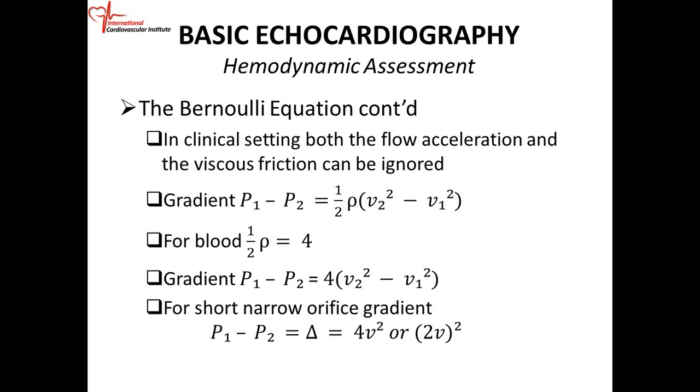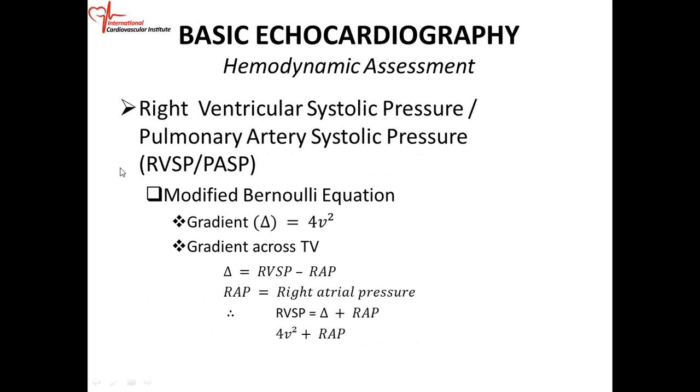Okay, the gradient across any obstruction or any shunt is equal to 4V squared, where V is the velocity, across whatever it is.